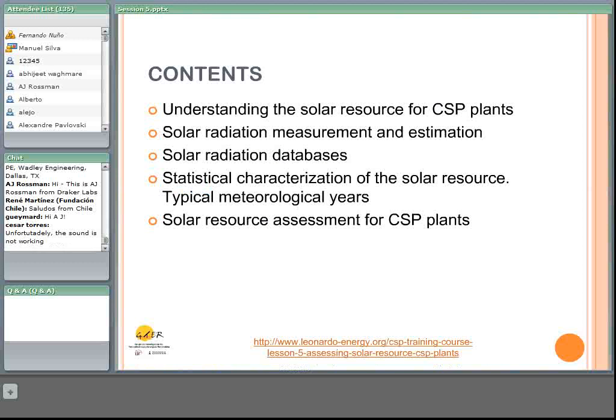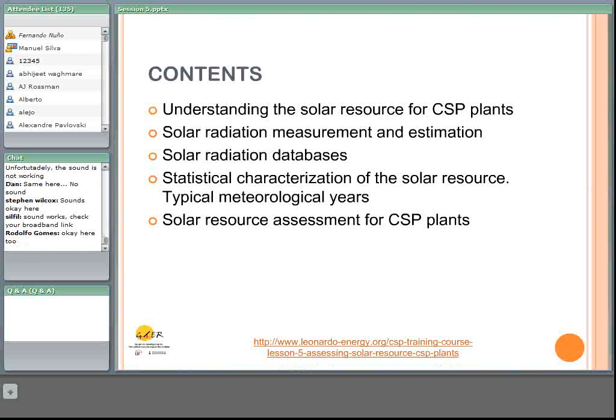Then I will talk again about the measurement of solar radiation and some ways to estimate it when measurements are not available. I will talk too about some of the solar radiation databases which are available and can be used for making a solar resource assessment.